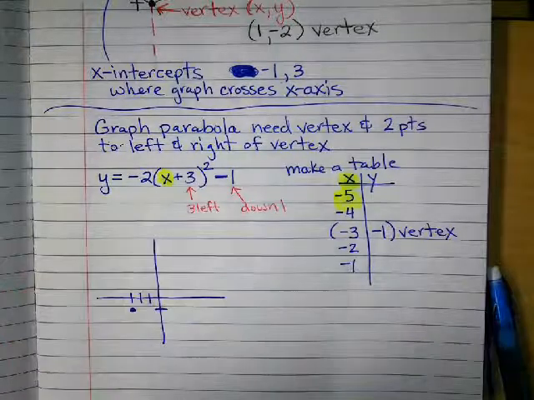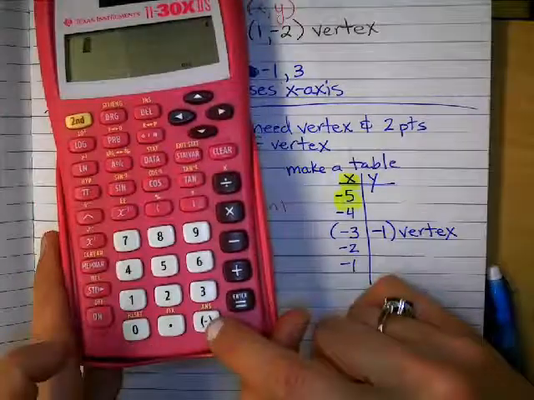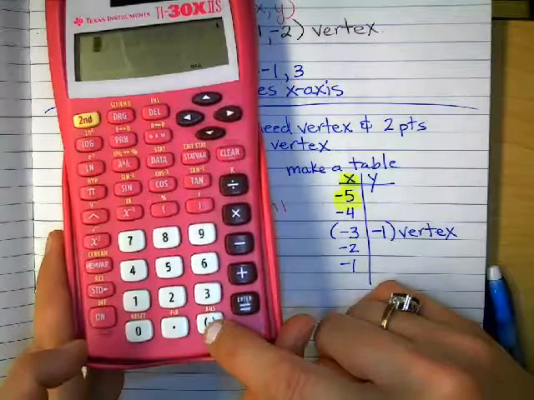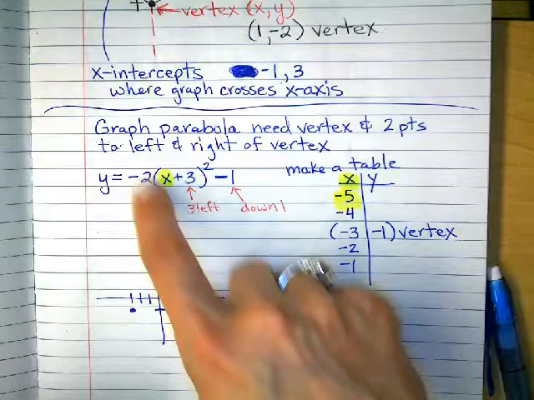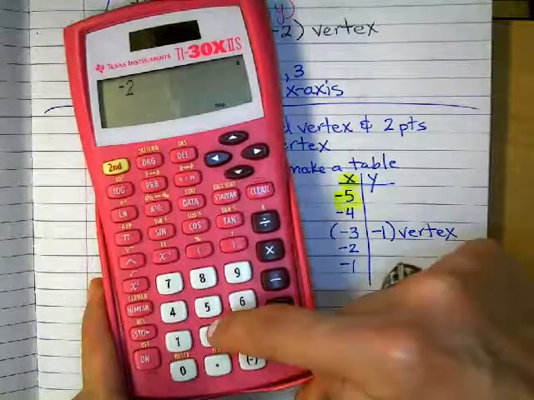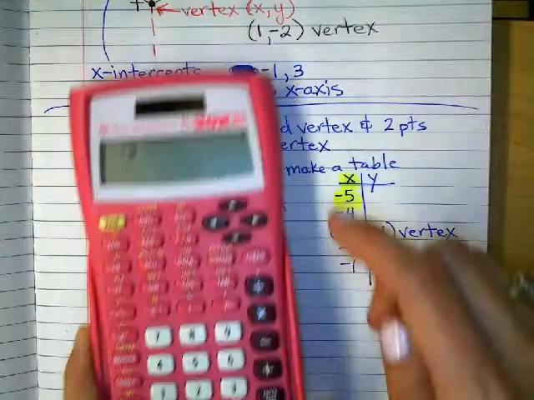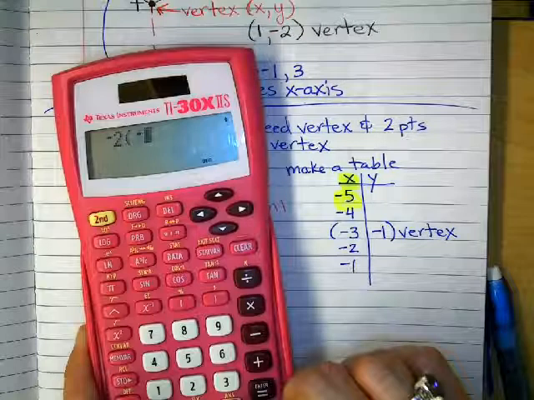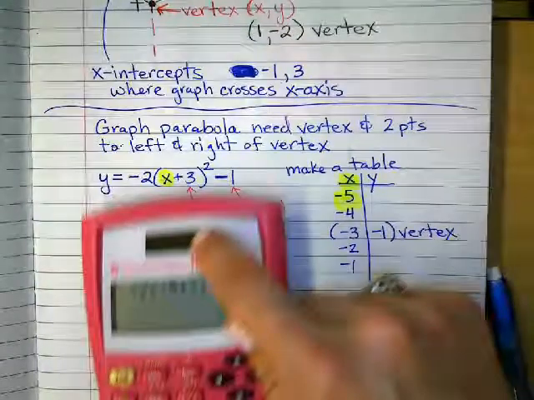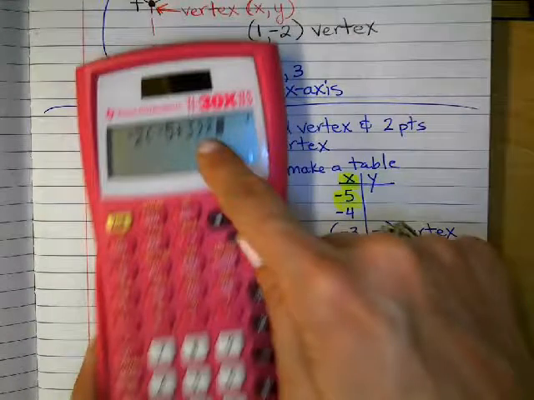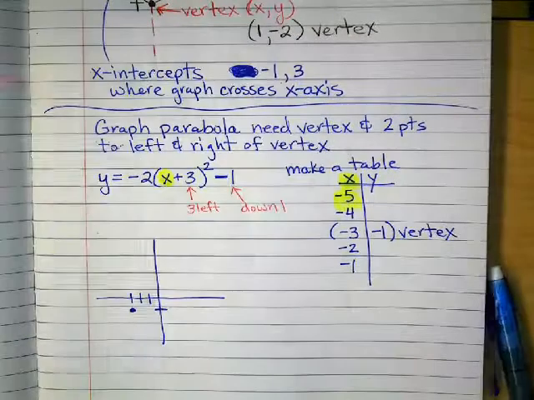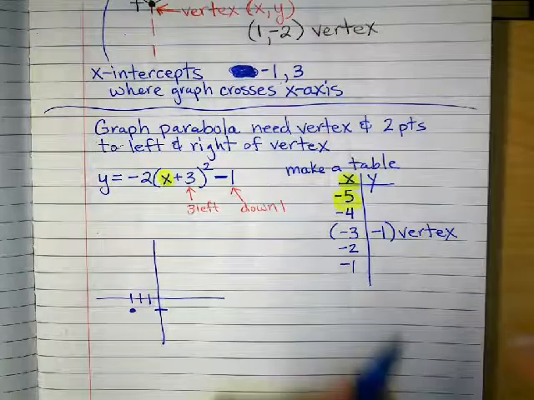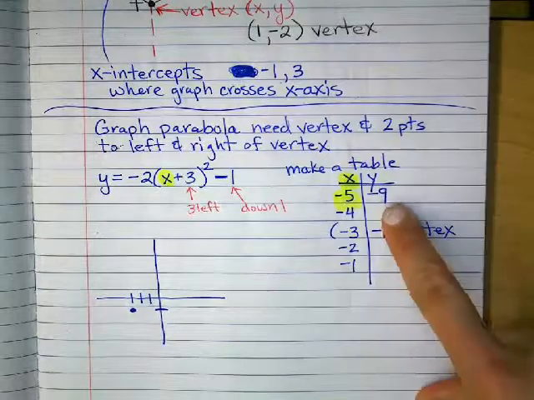It's a negative. You can't hit -2 at the beginning. Negative, and then okay. If I got -9, if you're not getting -9, I'm doing something wrong.